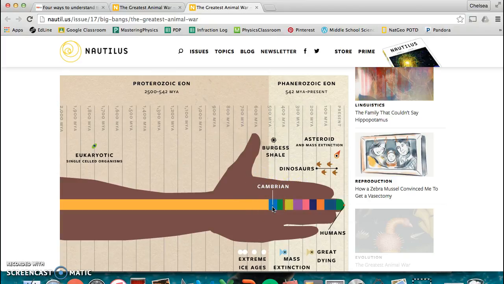During the Cambrian explosion, we saw a lot of diversification or changing in the living organisms here on Earth. Later on came the dinosaurs, here towards our fingertips. Then came humans. So, humans occupy the fingertip of Earth's history. Recall in the TED video, it said that if we file our fingernails, we would wipe out all of human history.